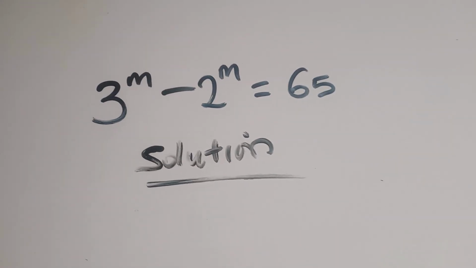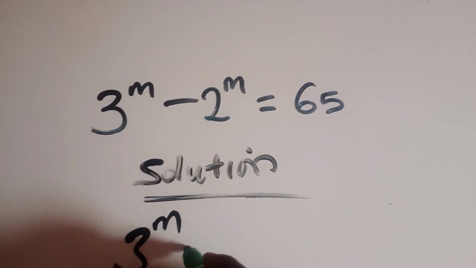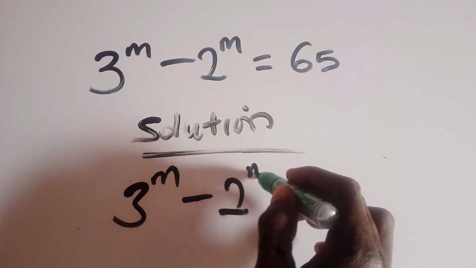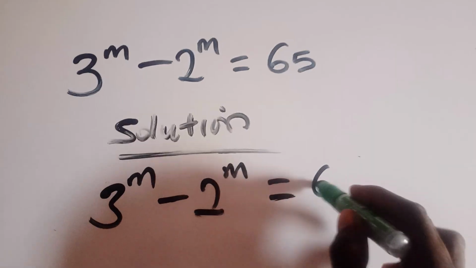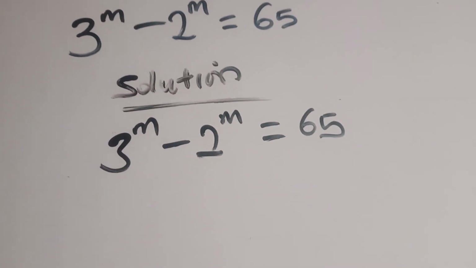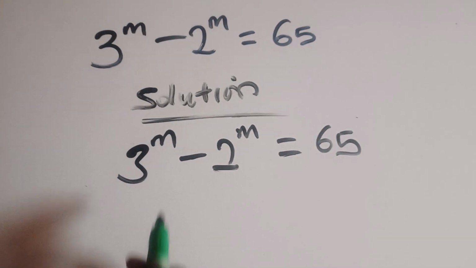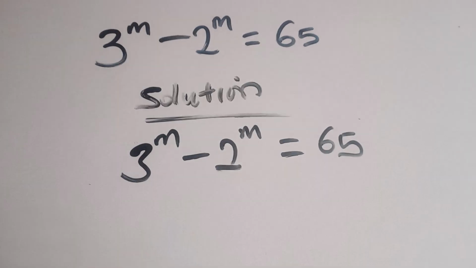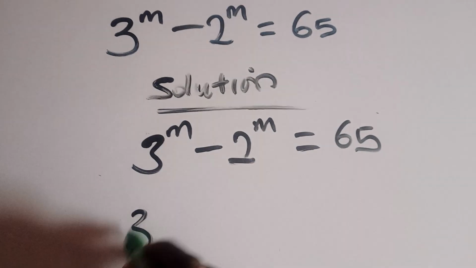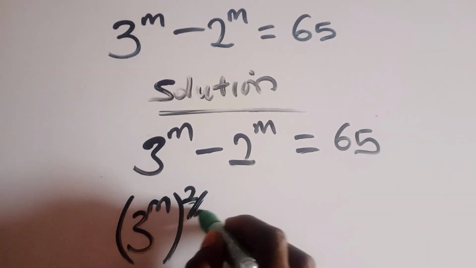Let's rewrite our question. We have 3 raised to power m minus 2 raised to power m to be equal to 65. So the first thing that we need to do is to apply 2 divided by 2 to this particular power of m. Let's say for instance I have (3 raised to power m) raised to power 2 divided by 2.